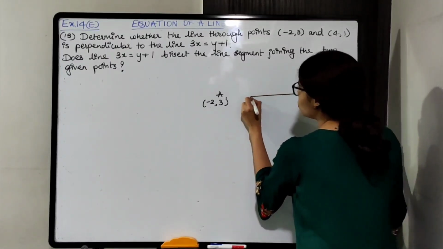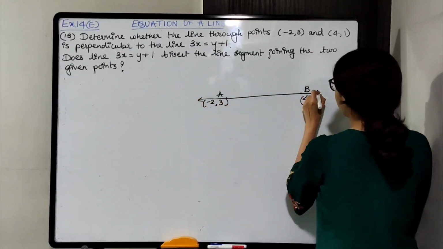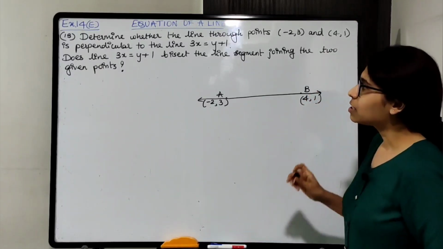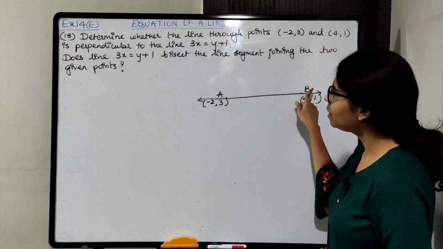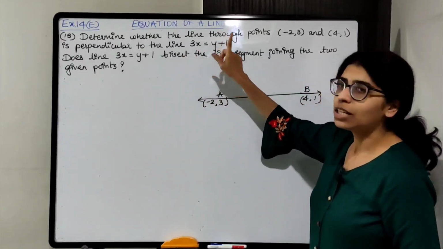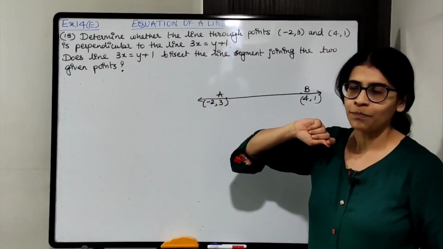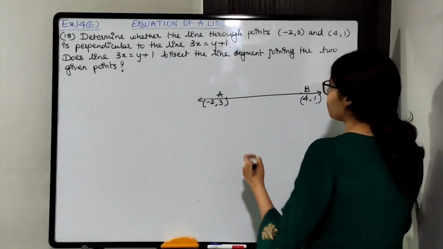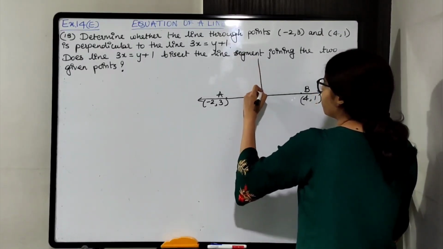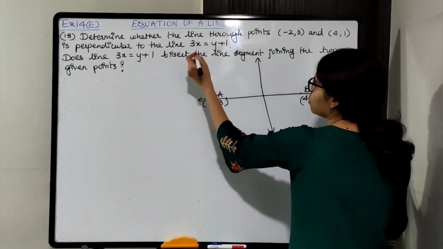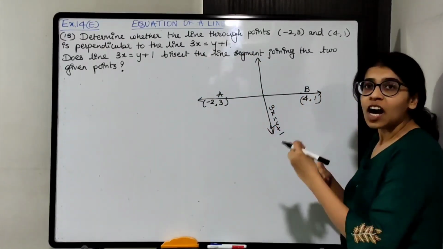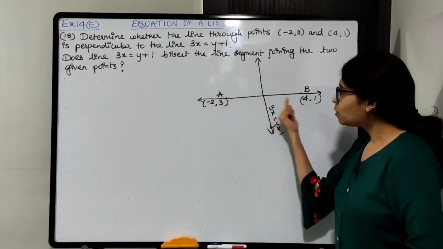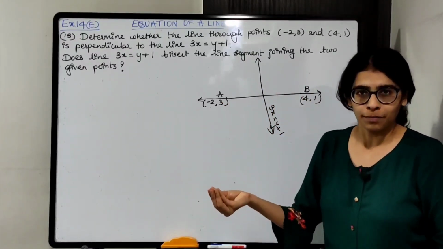Ek line pass ho raha hai through A and B. They have asked determine whether the line through points A and B is perpendicular to the line 3x equals y plus 1. So there is some other line, okay, jiska equation diya hai 3x equals y plus 1. They have asked if these two lines are perpendicular.